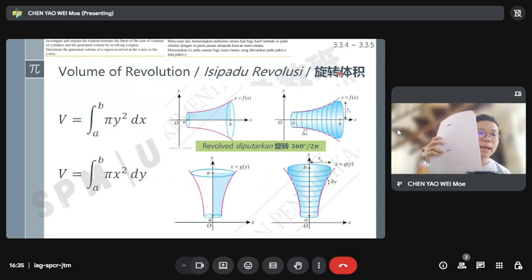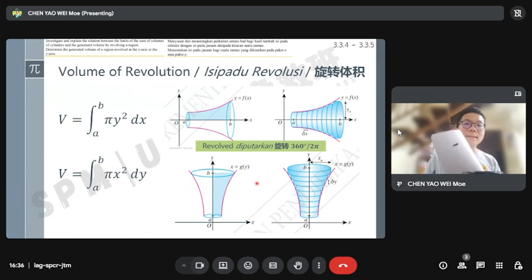Now I want to make this. Actually, I'm doing the below part. I want you to find the volume of this area when I rotate it through a certain degree.